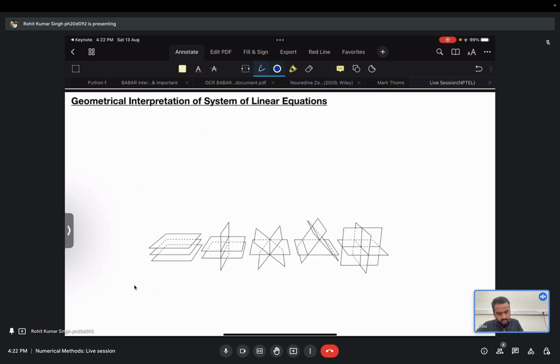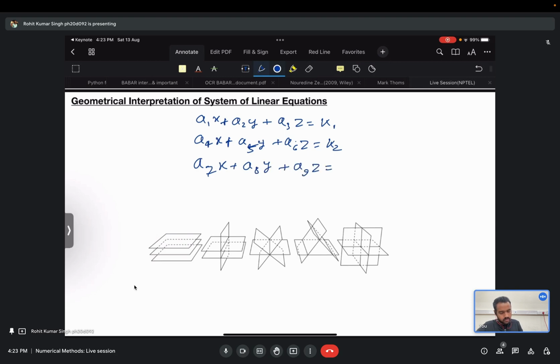Let's say we have 3 linear equations: a1x plus a2y plus a3z is equal to k1, a4x plus a5y plus a6z is equal to k2, and a7x plus a8y plus a9z is equal to k3.